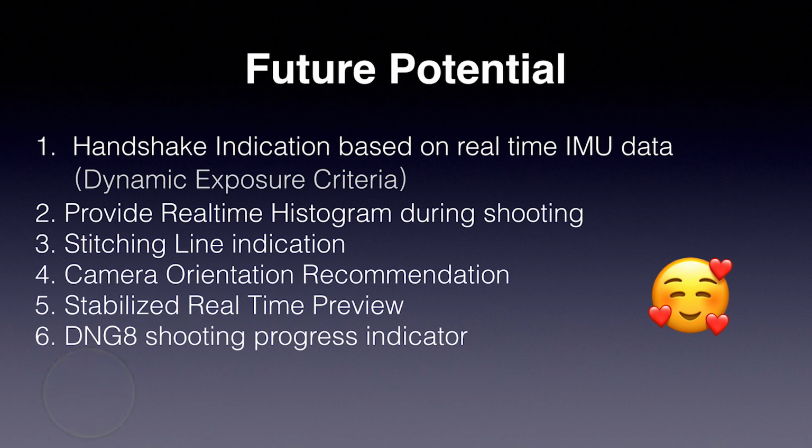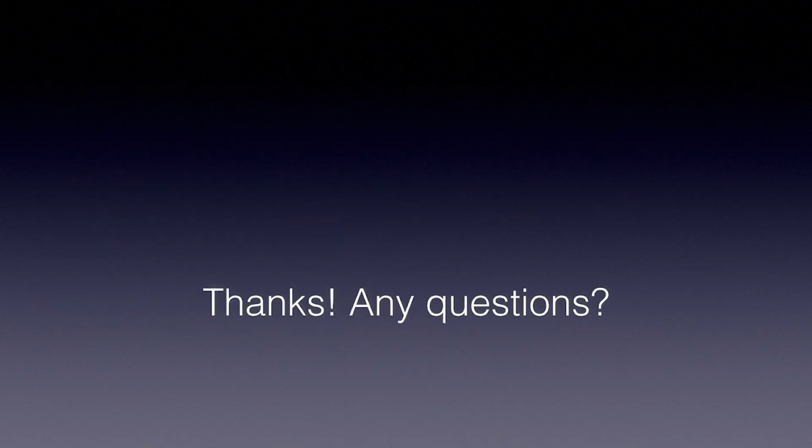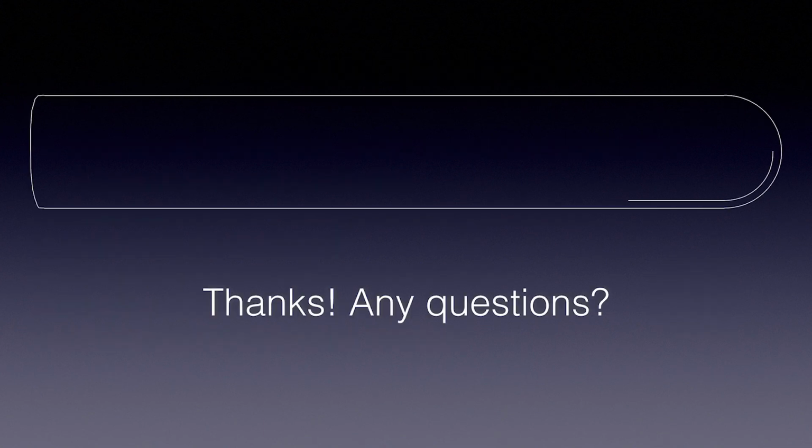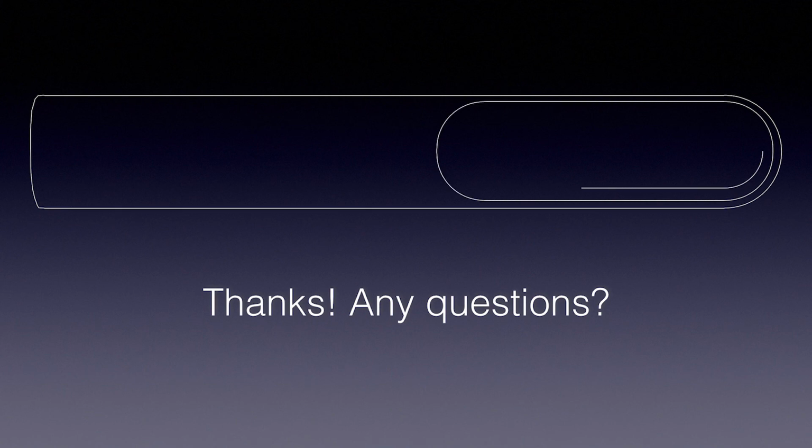So what about a DNG8 shooting progress indicator when you press the DNG8 shutter button? That will make the app more user-friendly, right? Okay, so that's all for today's tutorial. It's not very complicated.